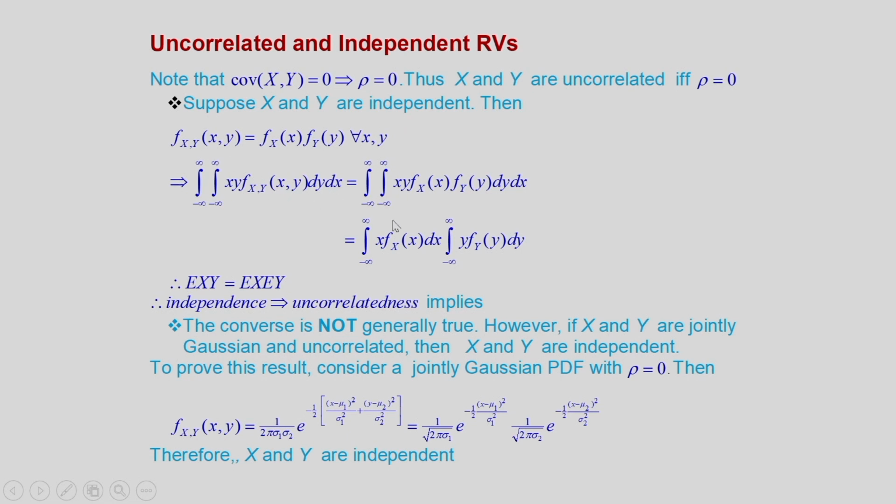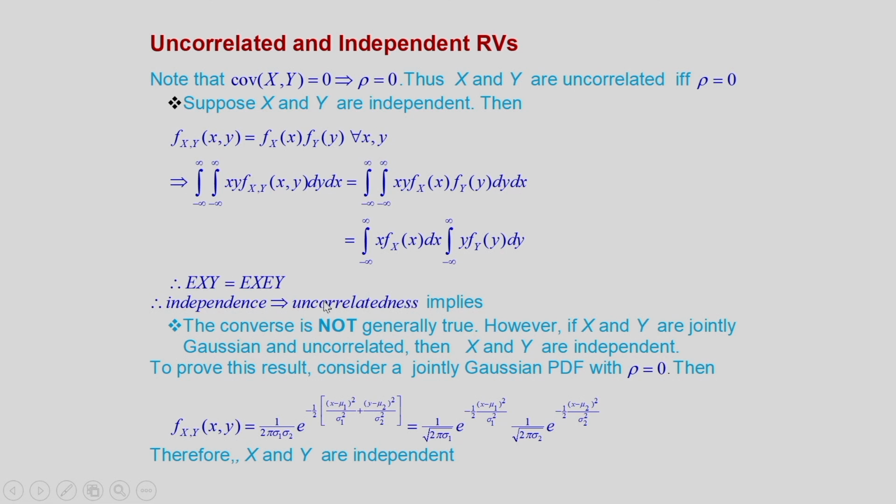Using the separability, we get the integral of x fx of x dx into the integral of y fy of y dy. This is E of x and this is E of y. So, E of x y is equal to E of x into E of y.